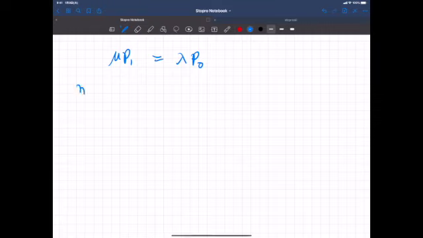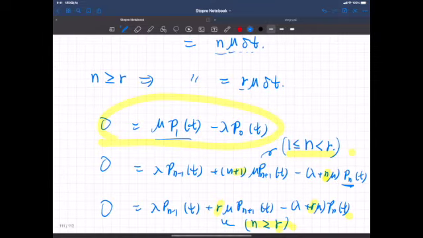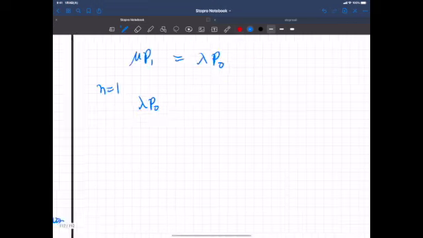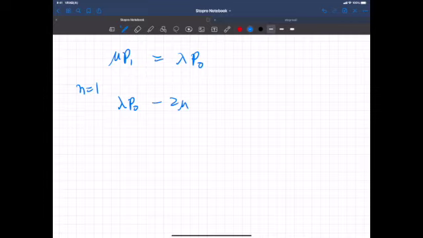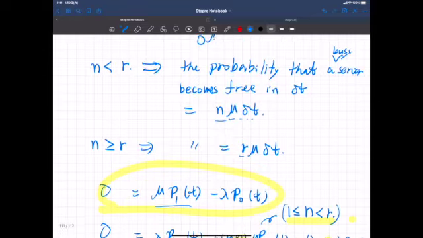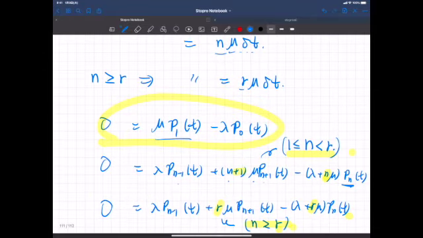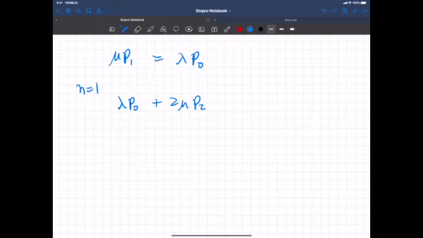So in that case, we should have lambda P0 plus 2 mu P2 minus (lambda plus mu) P1 equals 0.